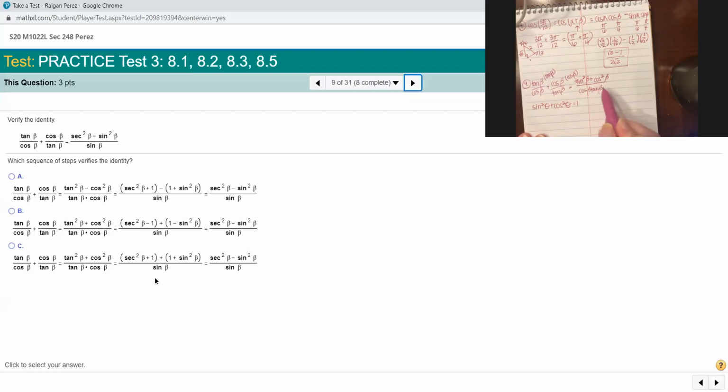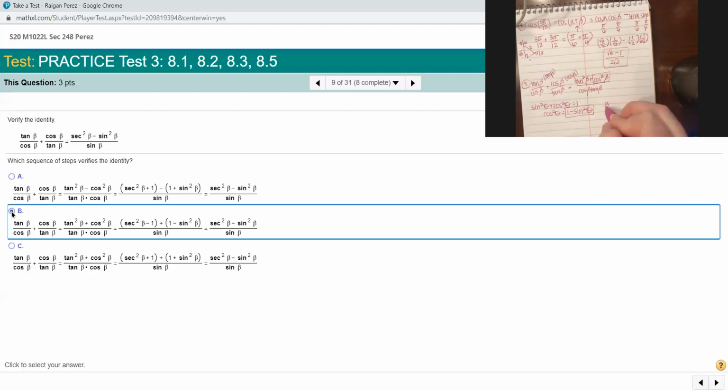So cosine squared theta has to equal 1 minus sine squared theta. So I know that this guy has to be rewritten to this. And we already marked A out. So from B and C, the one that does minus sine is B. So our answer is B.